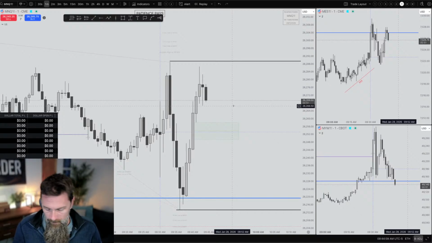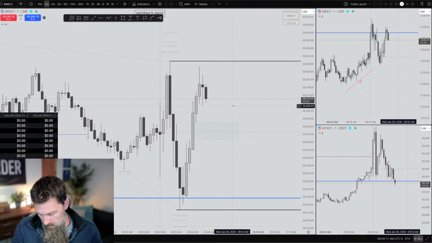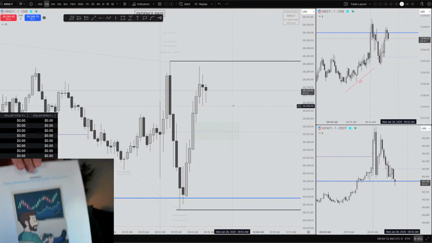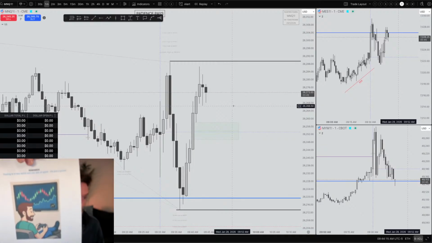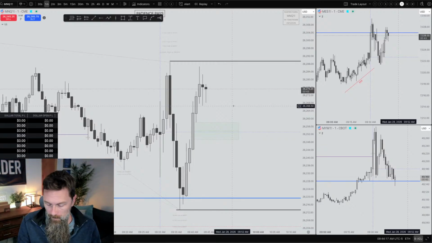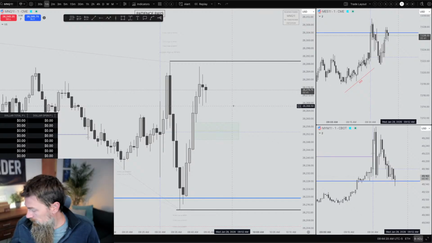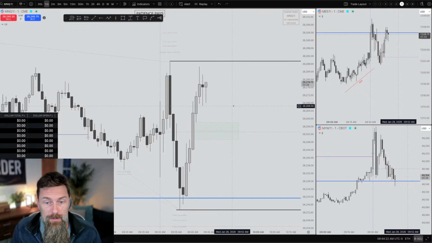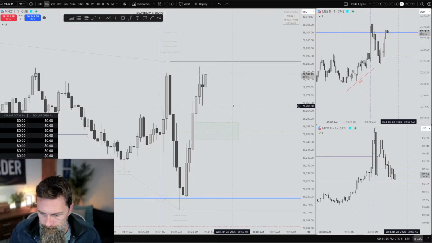One of the things I had AI do is create me a little image of a day trader playing a video game. It helps remind me to not take this too seriously, that it's just a game. My life is not going to change based off today, one way or the other. If I lose a trade, if I win a trade, if I lose two trades, it's not going to change.